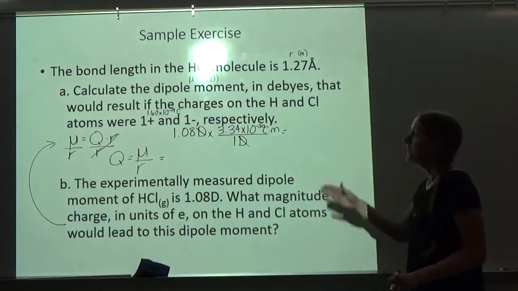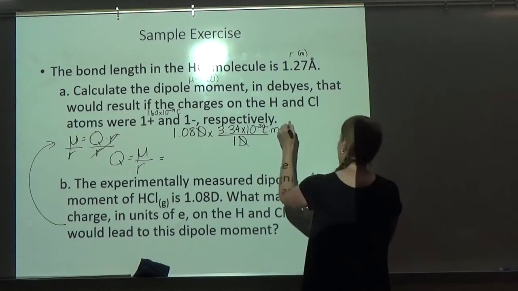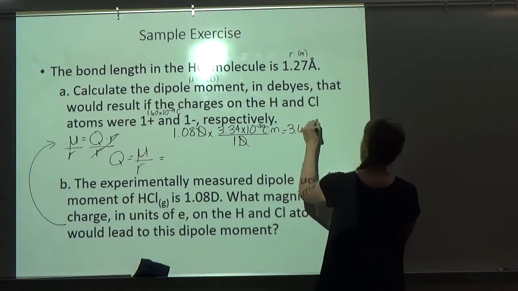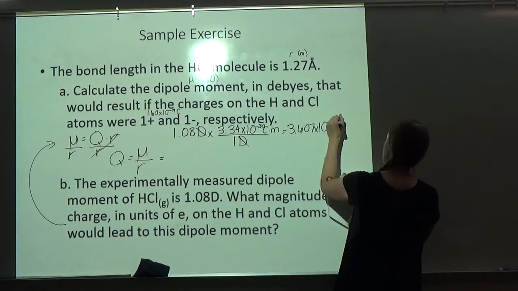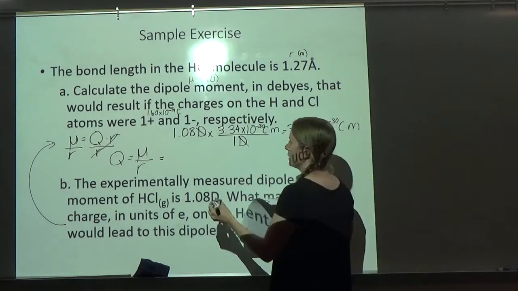So you have to have the correct units to plug into that formula. Once I do that, I end up getting 3.607 times 10 to the negative 30 coulomb meters. And that is a number I can plug into this formula.